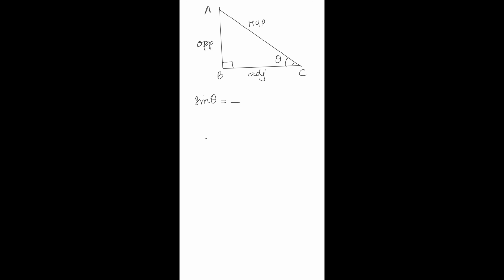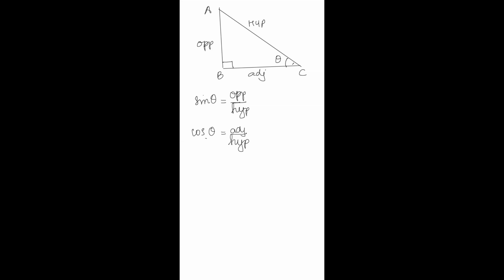So this is opposite upon hypotenuse. Sine theta is opposite upon hypotenuse. The next ratio is cos ratio. Cos is the short form of cosine, COSINE, but we simply call it cos theta, which is adjacent upon hypotenuse.